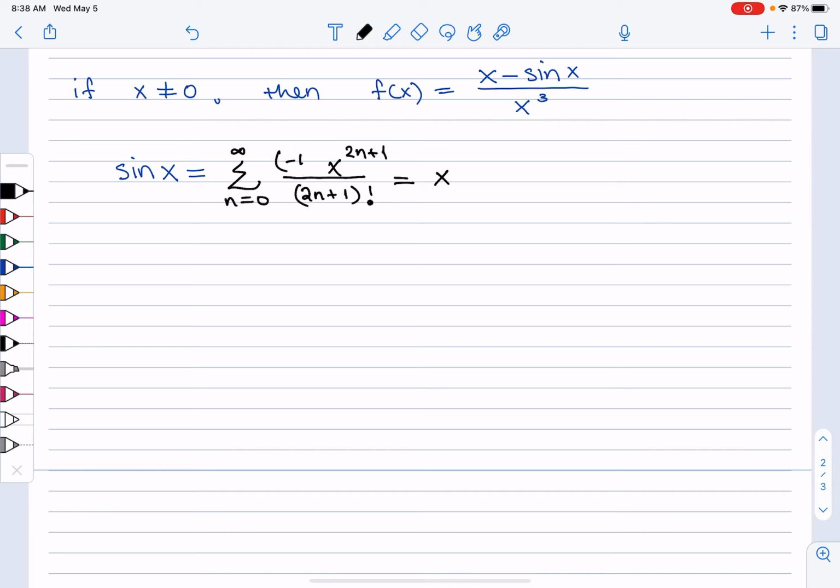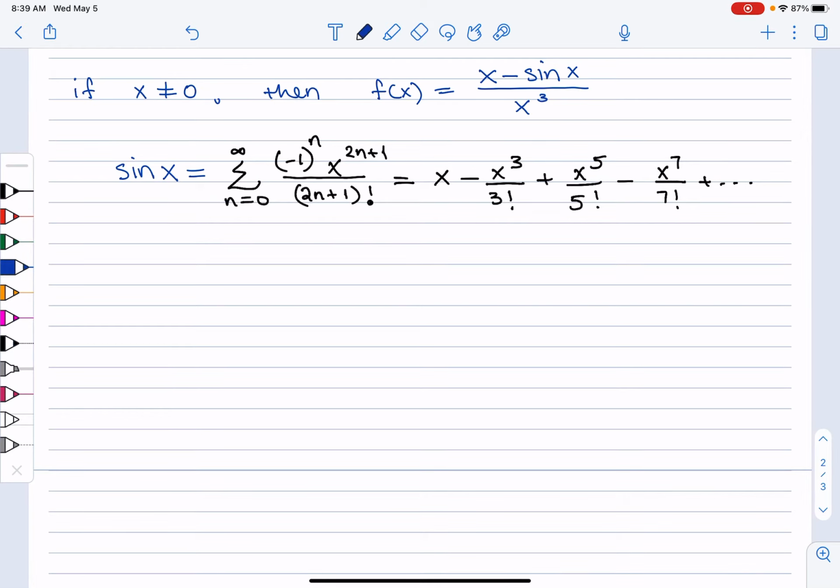We have negative 1 to the nth power. And then we are going to have minus x to the third over 3 factorial plus x to the fifth over 5 factorial minus x to the 7th over 7 factorial, and then the series will continue.